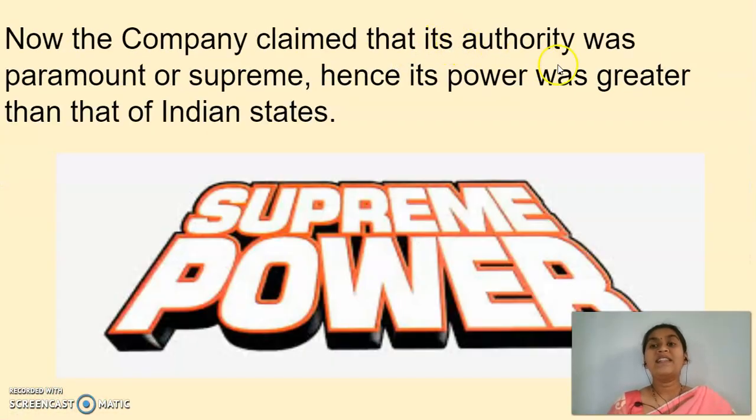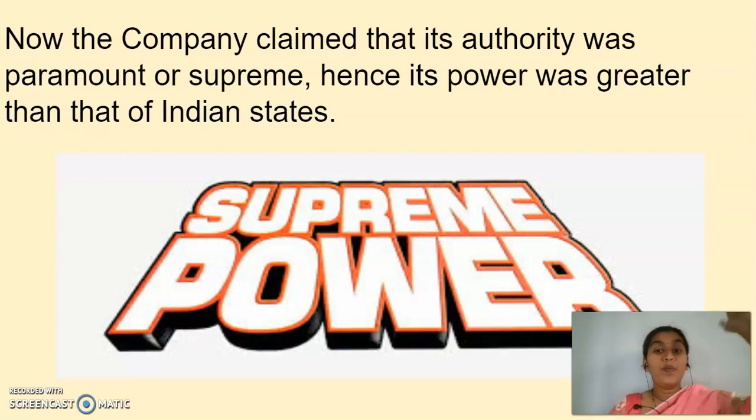The company claimed that its authority was paramount or supreme, hence its power was greater than that of Indian states. I explained this in the beginning. The British East India Company took the paramount, the supreme authority. Even in India we have a Supreme Court. What is the role of the Supreme Court, children?